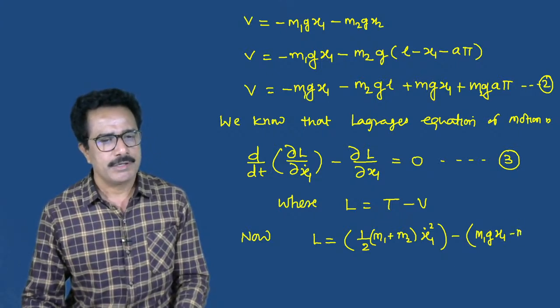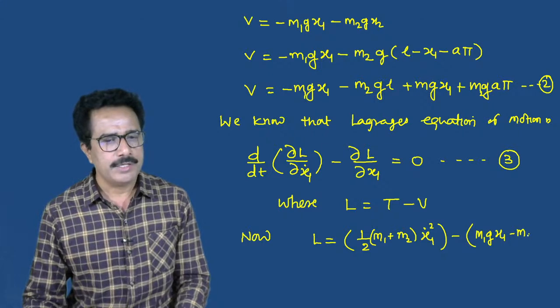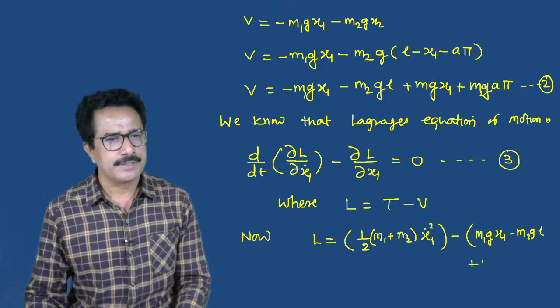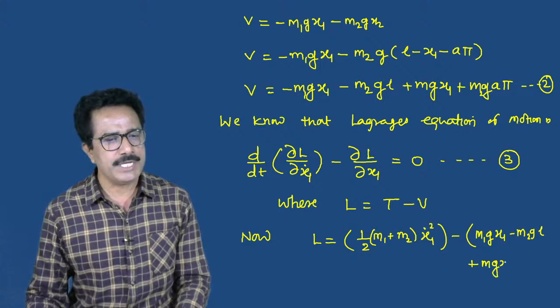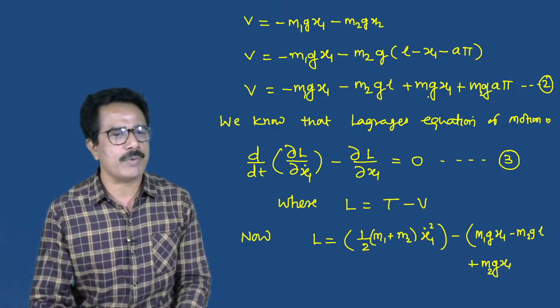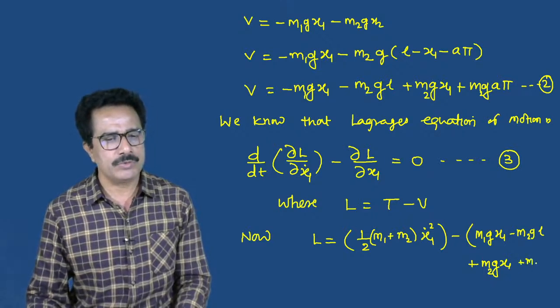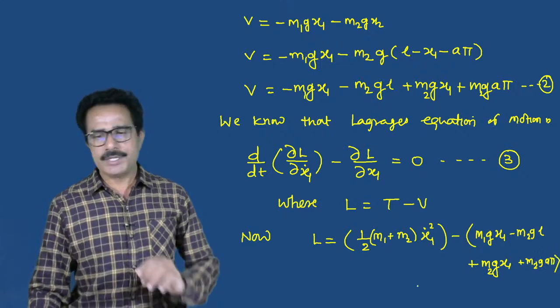minus m2 g l plus m2 g x1 plus m2 g a pi. So put this value.